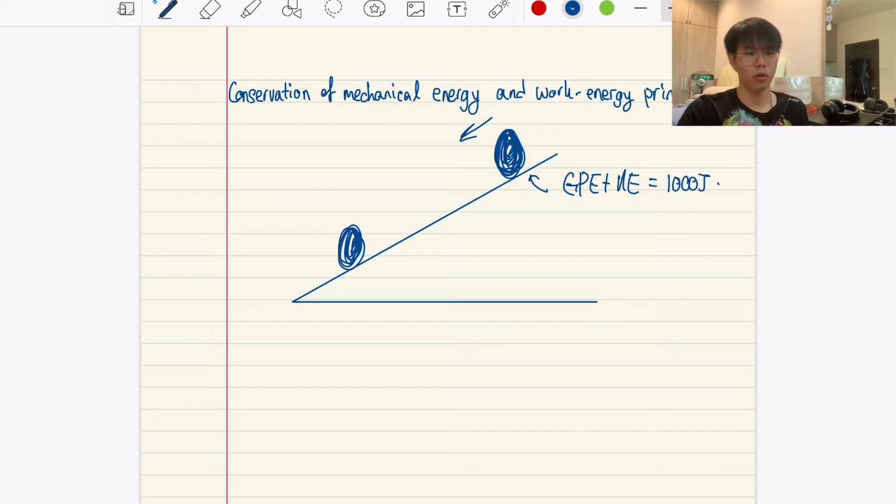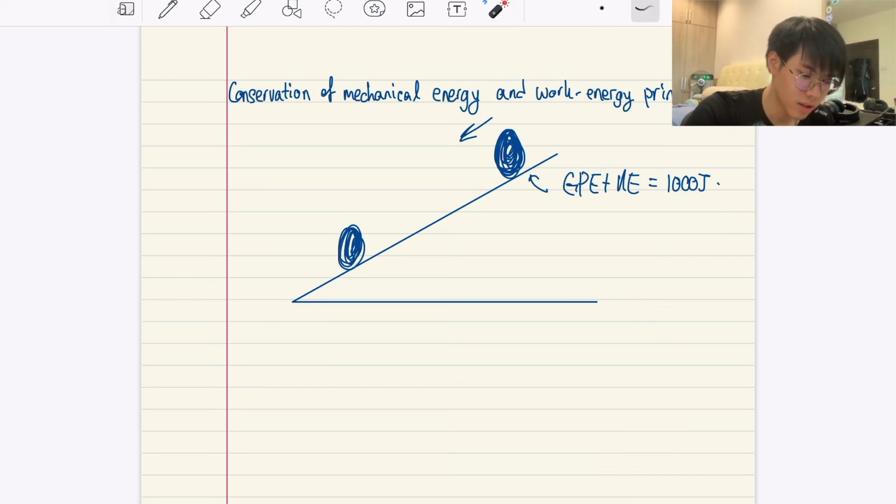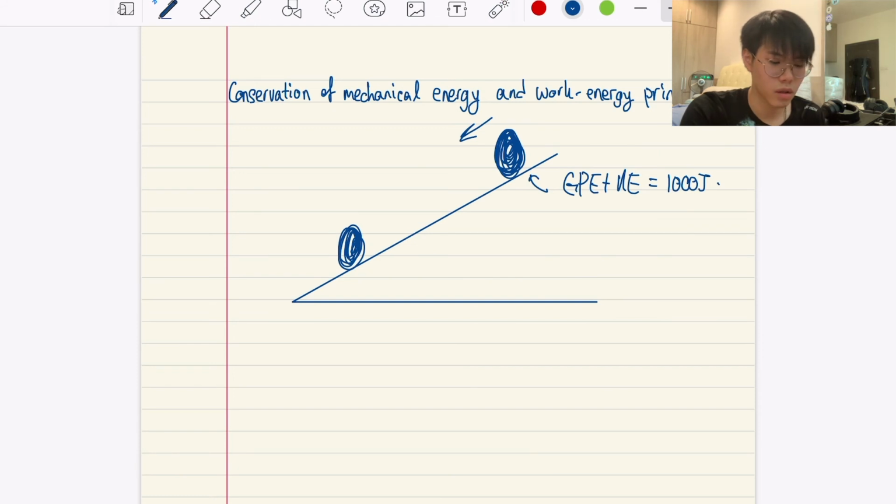Here we take the slope as a smooth slope, so there is no friction on it, so there is no work done against friction. So no matter where the ball is, let's say here or here or here or maybe here, the total energy will always equal 1000 joules. So this is conservation of energy.